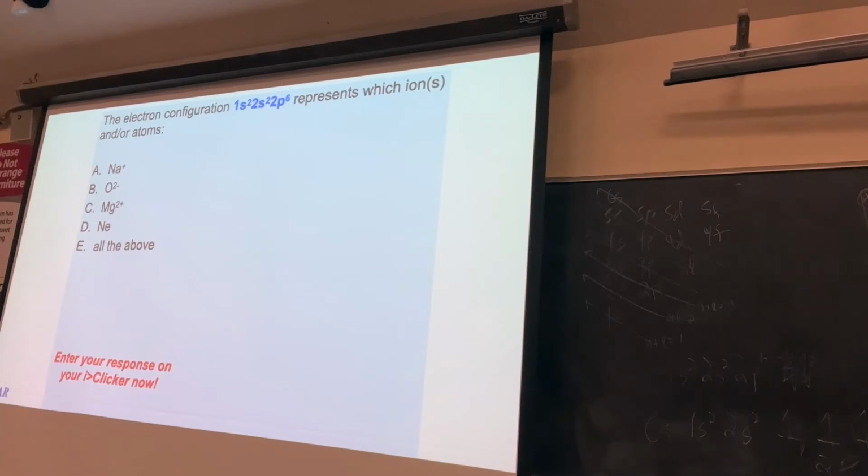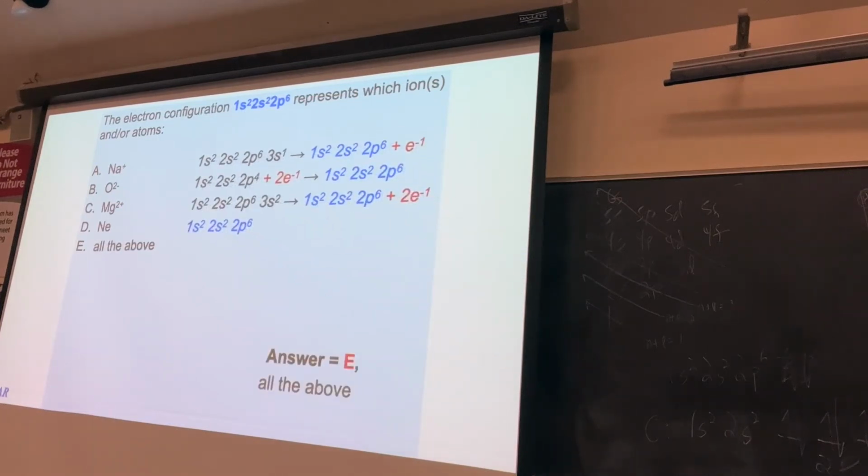Now to make oxide, O negative 2, you have to add 2 more electrons. You'll put them in the first spots available, which would be to pair up these 2 electrons. So guess what? Oxide also 1s2, 2s2, 2p6. So all 4 of those have a neon configuration.